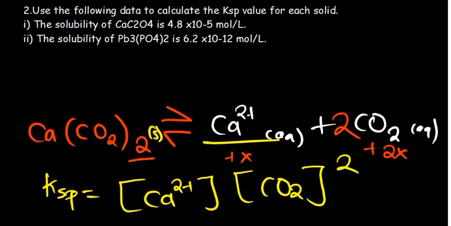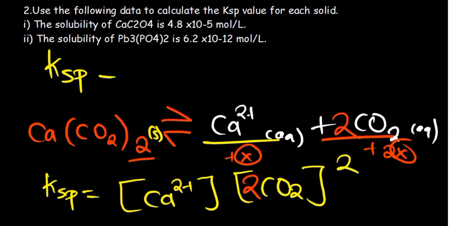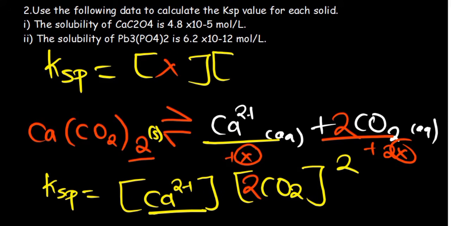So you can clearly see that the value of x is 1 and the same. So in fact, in our KSP expression, I'm supposed to put a 2 on the carbon dioxide part because of our equation. And then I'm just going to put the values of x directly. So for calcium, we just have x. And then for 2 carbon dioxide, I'm going to put 2x, and it's supposed to be raised to the power 2 again.